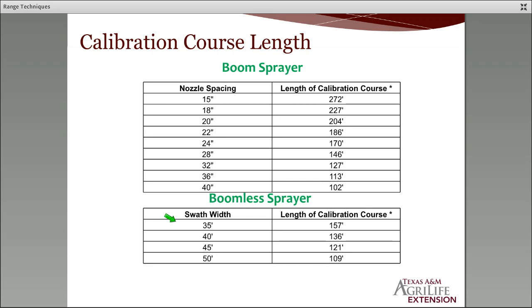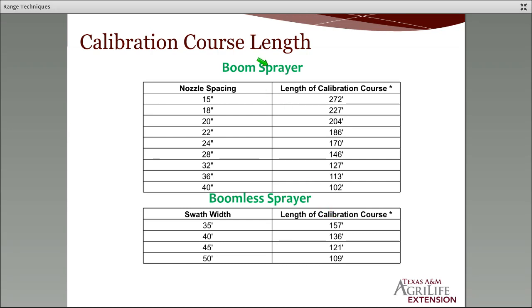If you want to take a screenshot of this table right here, if you have an 18 to 20 inch nozzle spacing, your length of calibration course ought to be 227 to 204 feet. If you have a boomless sprayer, let's say you have a 35-foot swath width, your course will be 157 feet.